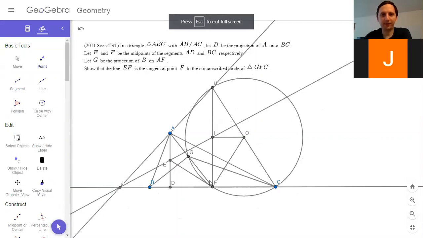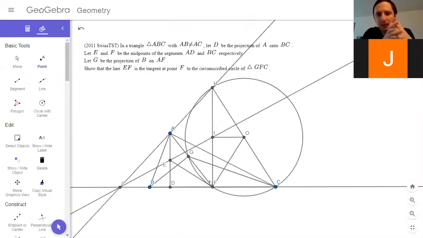We want to show EF is tangent. So yeah, angle EFA is equal to angle ICH, which we want to show is equal to angle GCF. So we want to show triangle IHC is similar to triangle GFC. Wait, is there a way to show triangle AEF is similar to triangle GFC?